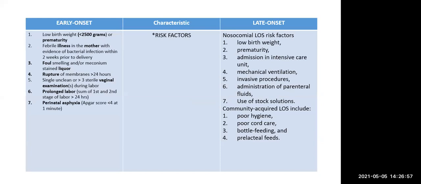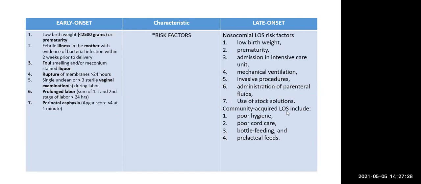Again, the risk factors for early onset are prematurity, maternal illness, maternal infection. If you look at the first column, they are mainly maternal risk factors rather than baby risk factors. Risk factors for the baby are prematurity and low birth weight. For late onset, again there are baby risk factors and also surrounding risk factors.